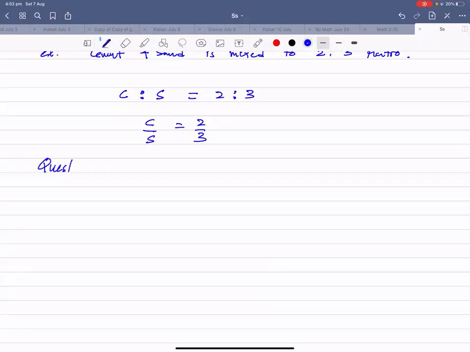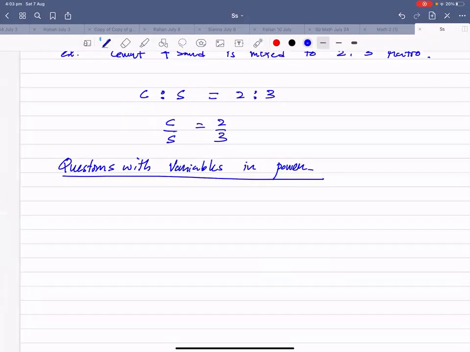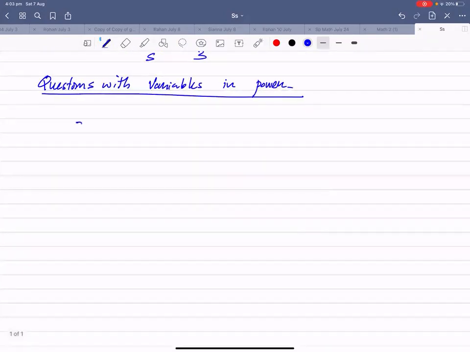But I will teach questions with variables in power. So like this, 3 to the power 2 is equal to 3 to the power x.